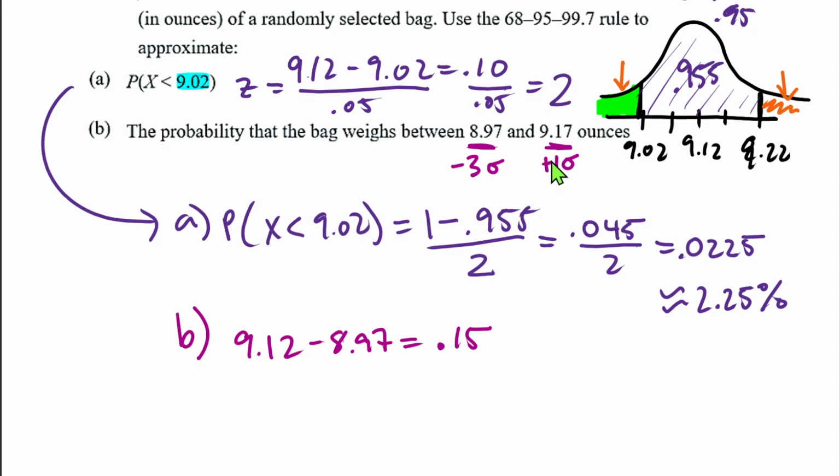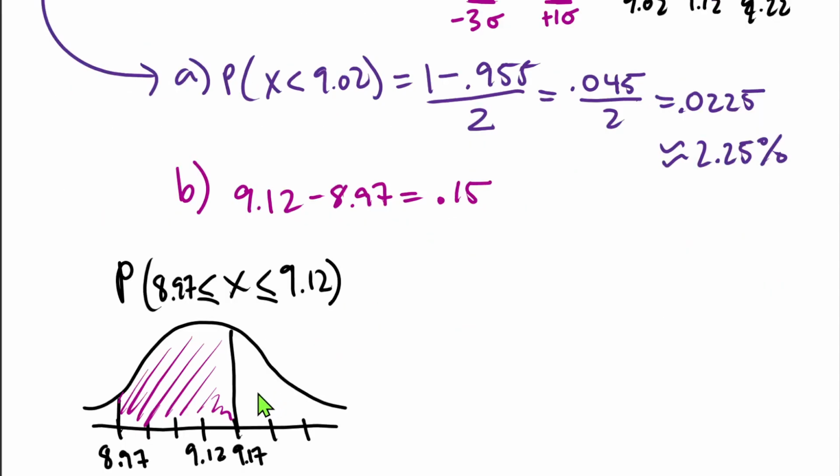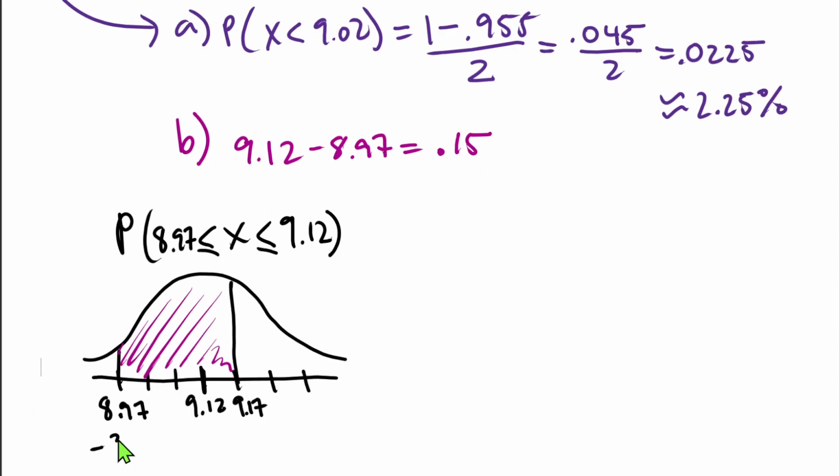So we need to think. Let's think. So they want us to find the probability that the result is somewhere between 8.97 and 9.17, which is minus 3 standard deviations and plus 1 standard deviation.